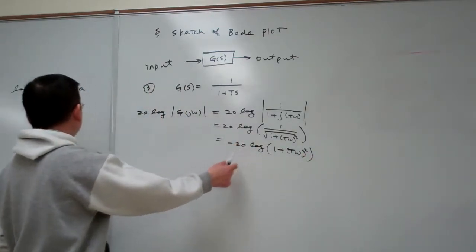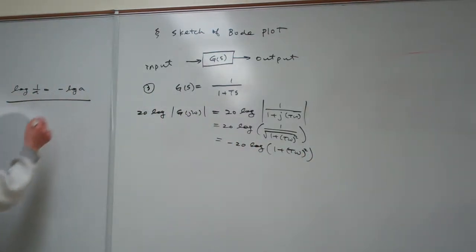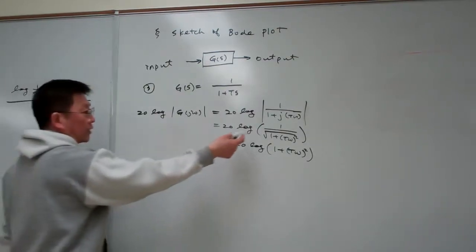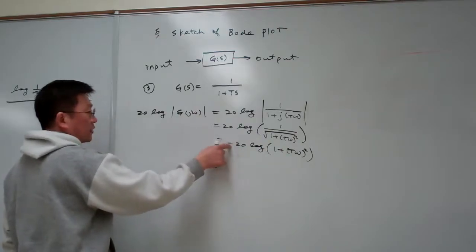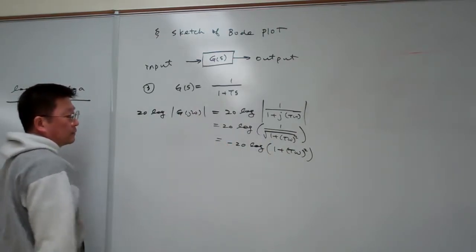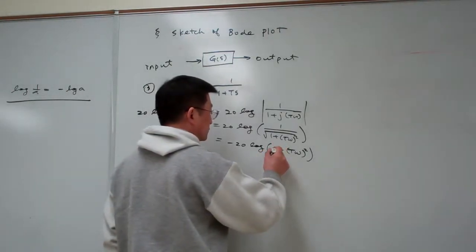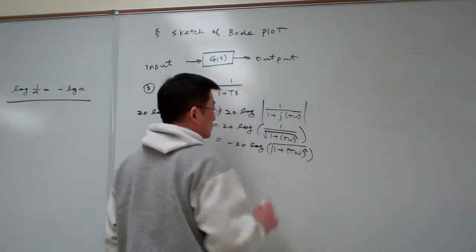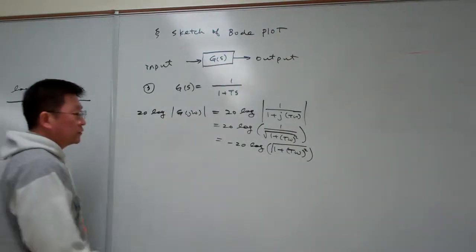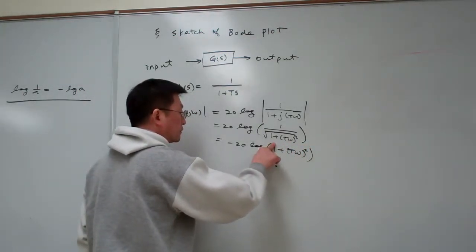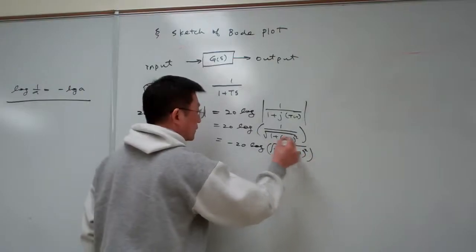Okay, so from here to here, again, I already applied this formula. This is 1 divided by something, so I put a minus at the front here. Square root. Square root. Thank you. Okay, so square root basically is, yeah, whatever.